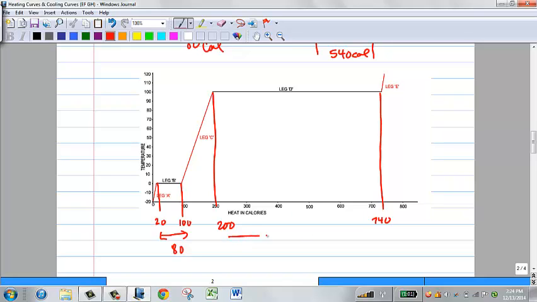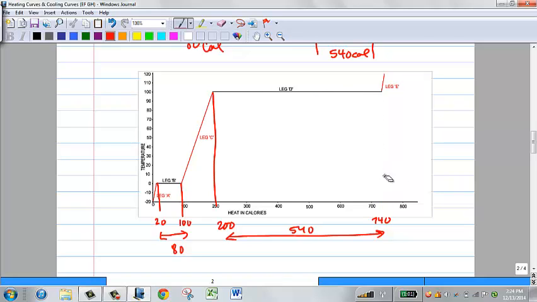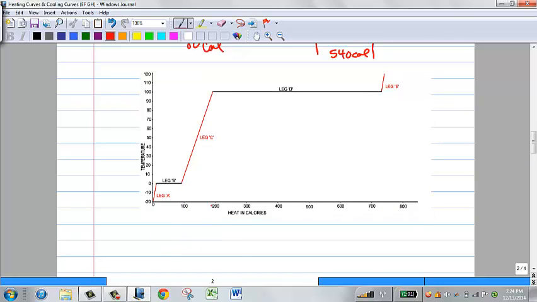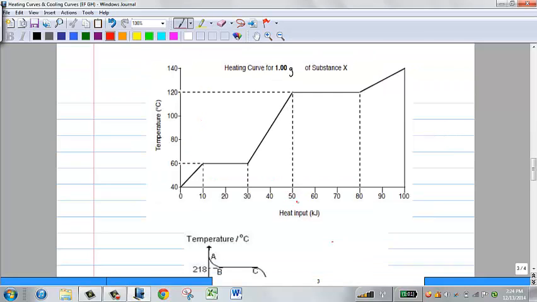This difference is 540. So that's the real length of that second plateau. See, it's a lot longer than the first one, because to break all of those bonds in the water molecules in order to change them to steam takes a lot more energy than just to break a few of the bonds to melt it.